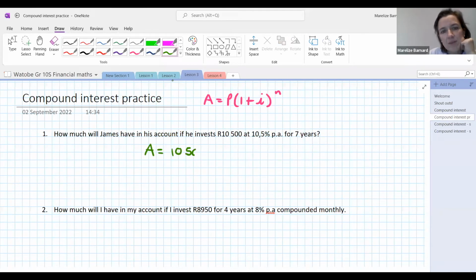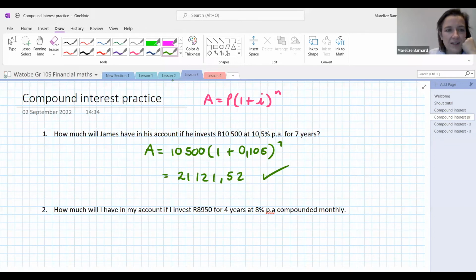So our principal amount is 10,500, and we've got 10.5% to the power of 7. And I agree, I also get 21,121.52. Great. Excellent, guys. Mark yours with a tick if you got it right.